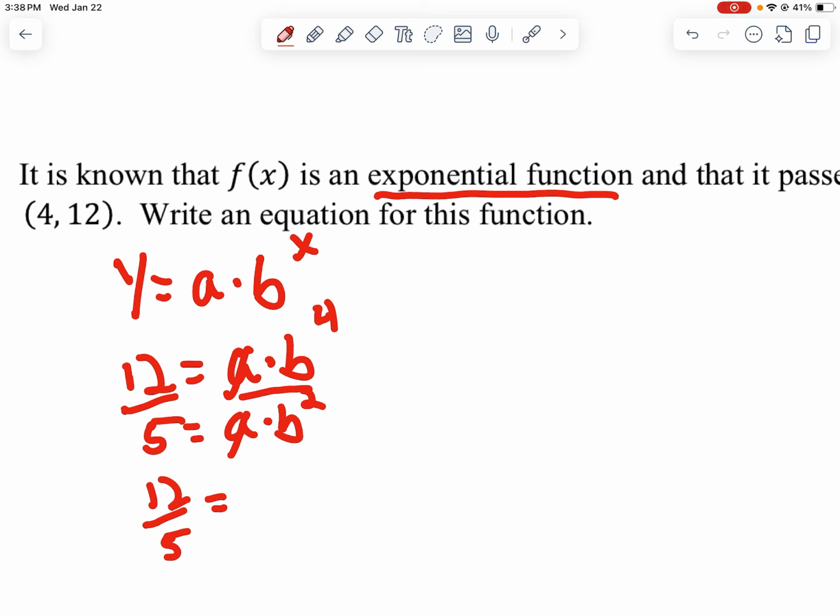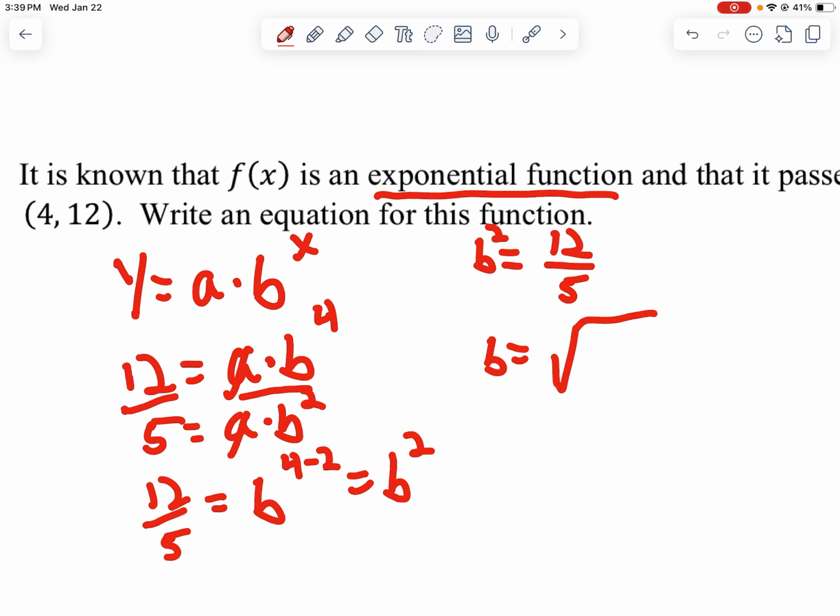So you get b to the 4 minus 2, which is b squared. So now that we got b squared equals 12/5, we take the square root, and we get b is equal to the square root of 12 over 5. We don't put plus or minus because b is the base of an exponential, and the base of an exponential, by definition, is always going to be positive. That's why there's no plus or minus.